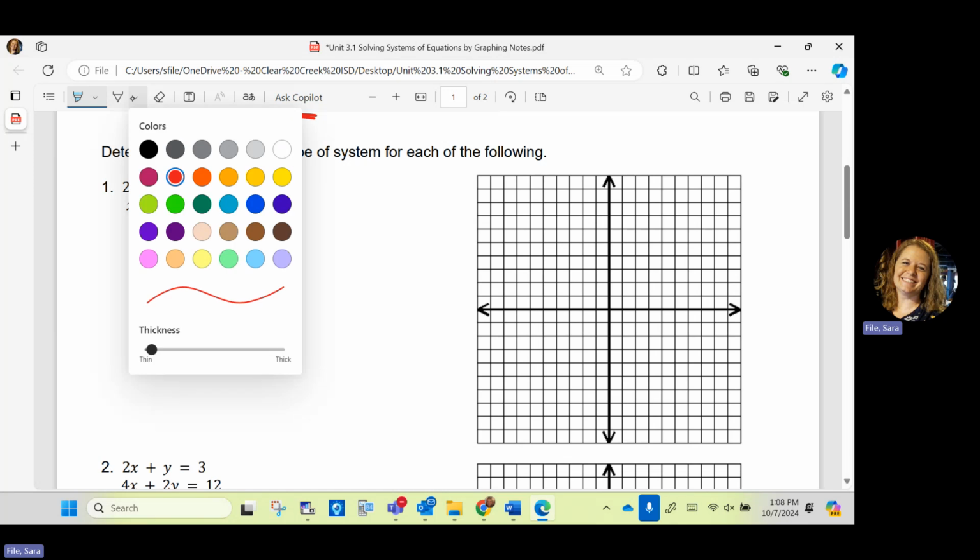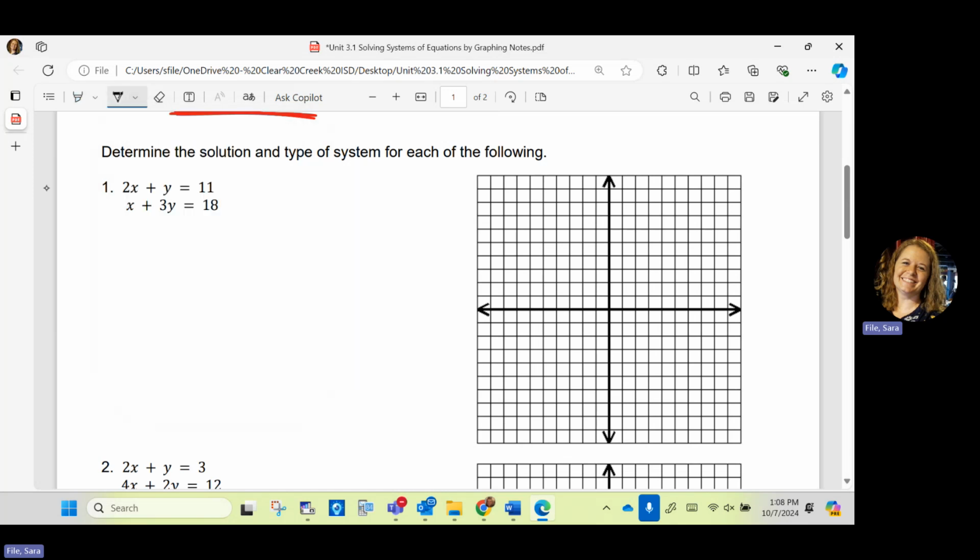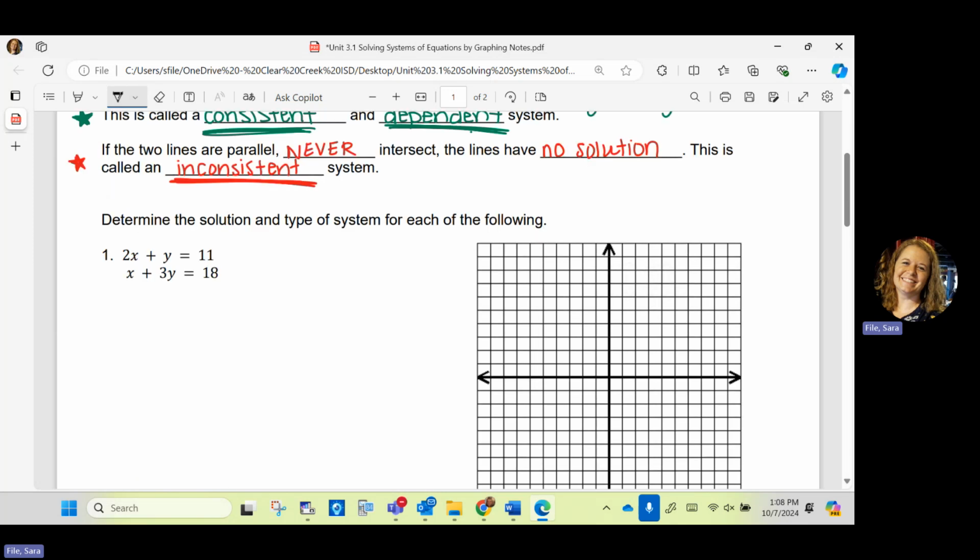Now, before we do this, last unit, in Unit 2, we said when we graph lines, we want them to be in this format. We learned that y equals mx plus b format was easiest to graph because you can see the y-intercept and the slope.